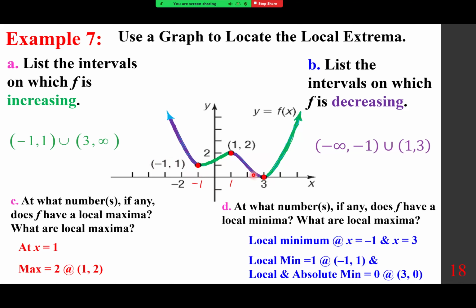Why is it local? Because if it's peaks and valleys in the interior part of the domain, it's local. Why is it absolute? Because there's no other point having a smaller y coordinate.